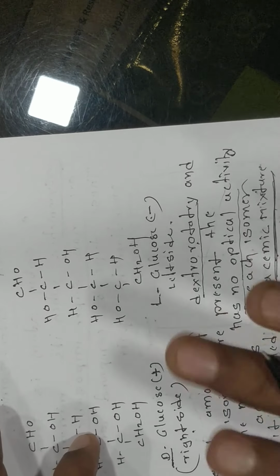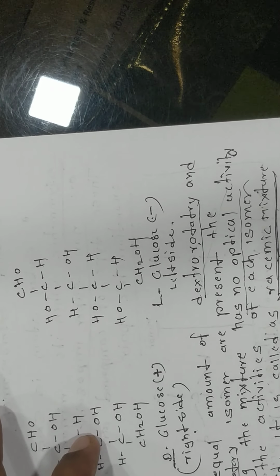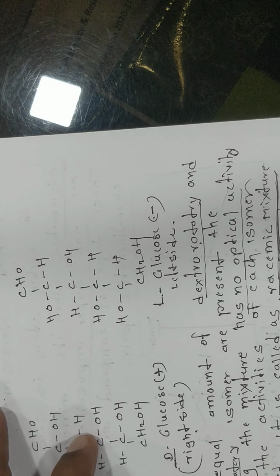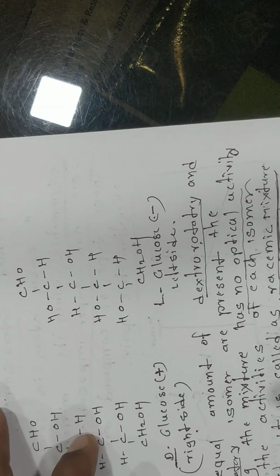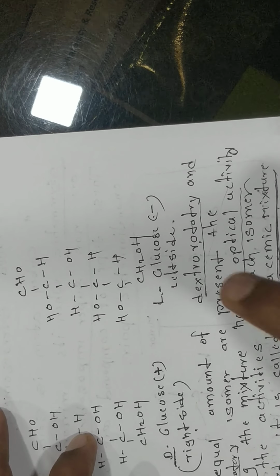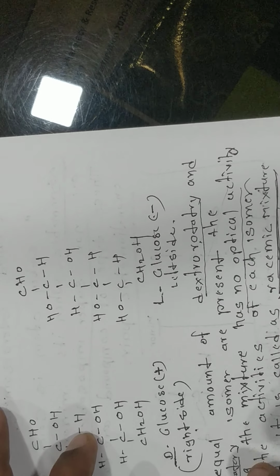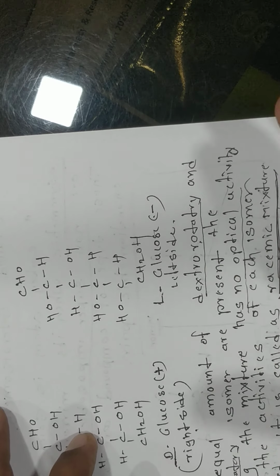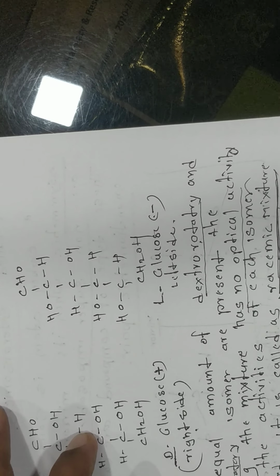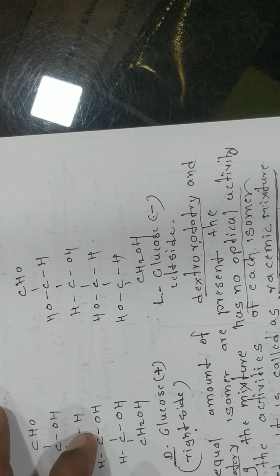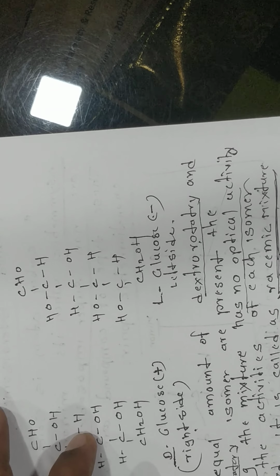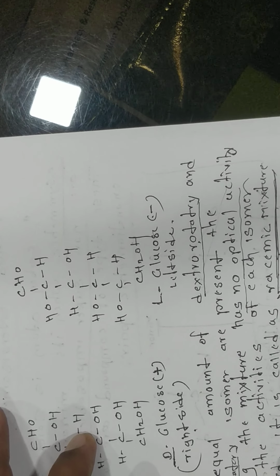A compound that does not show optical activity is called a racemic mixture. Why? Because such a compound has equal amounts of dextrorotatory and levorotatory isomers, 50% dextro and 50% levorotatory isomers present. Finally what happened? It does not show optical activity. Why? Because they cancel each other. The optical activity that the isomers show is cancelled.